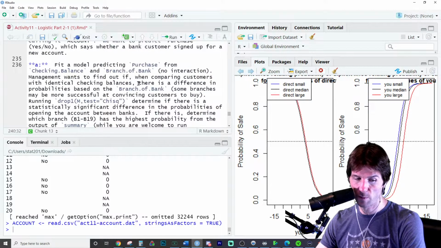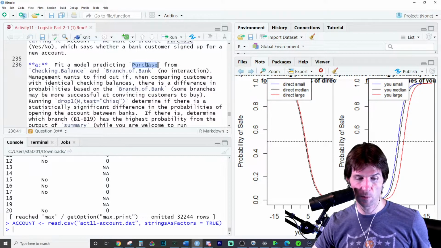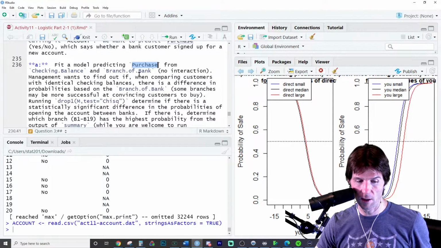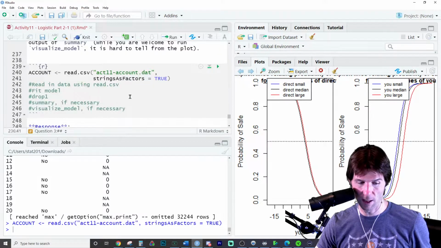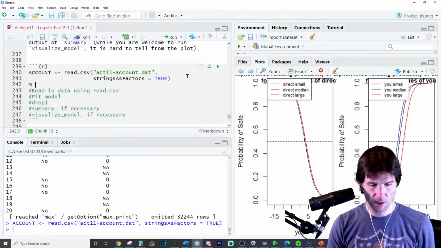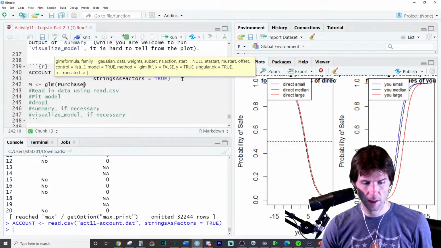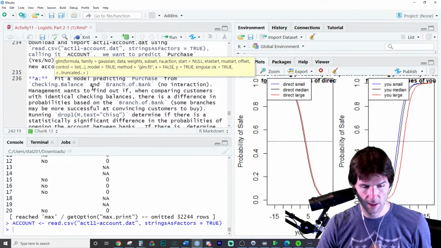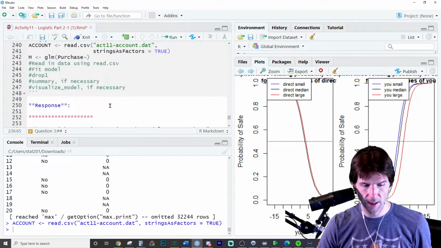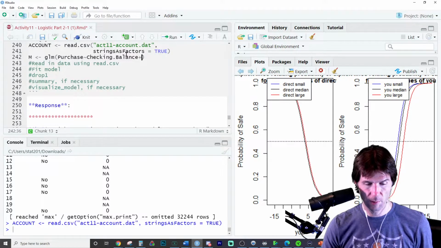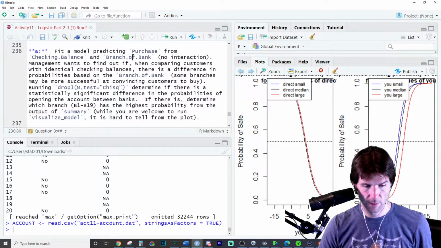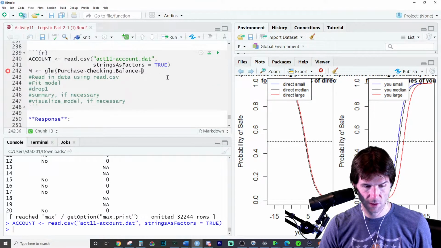Fit a model. Which model are we fitting? Fit a model predicting purchase from checking account and checking balance with branch of banks. Let's go do that. Save into M, GLM, purchase, tilde, checking plus branch of bank.